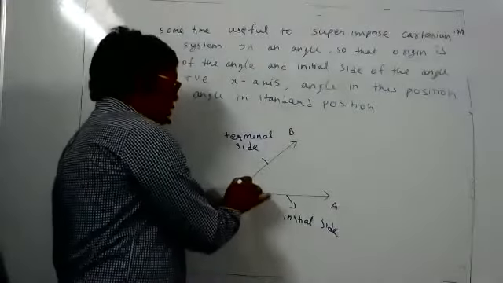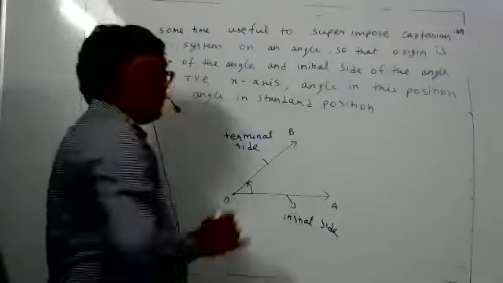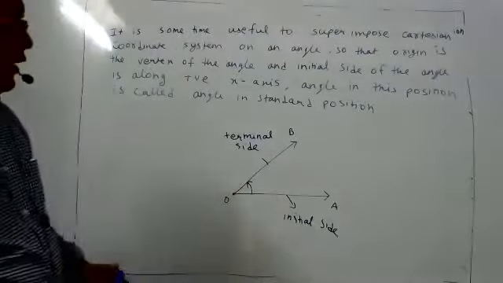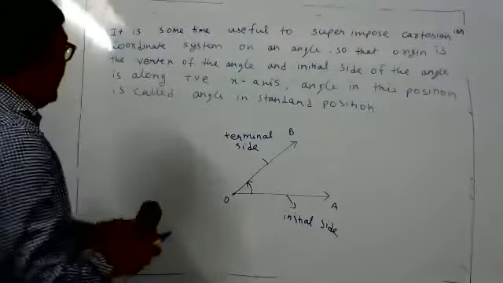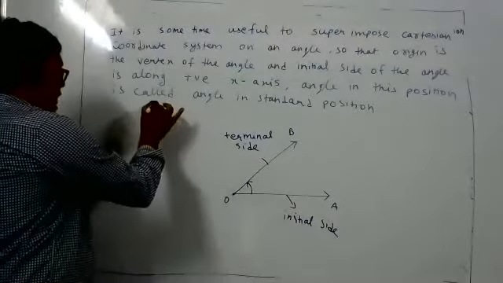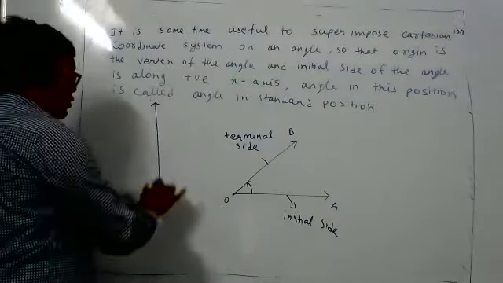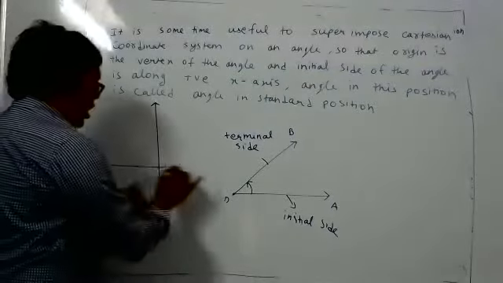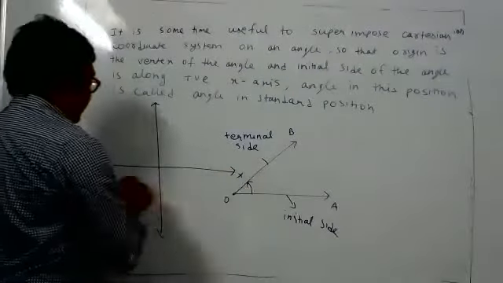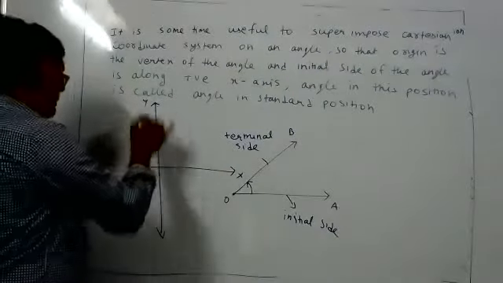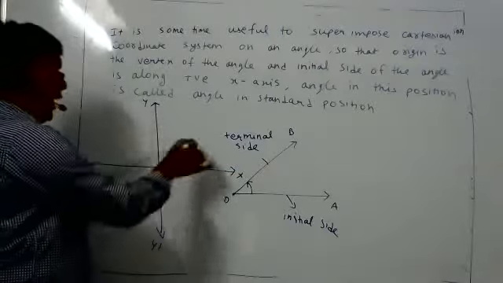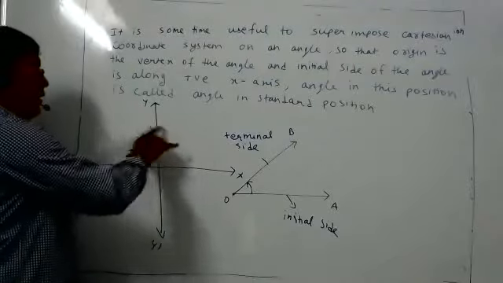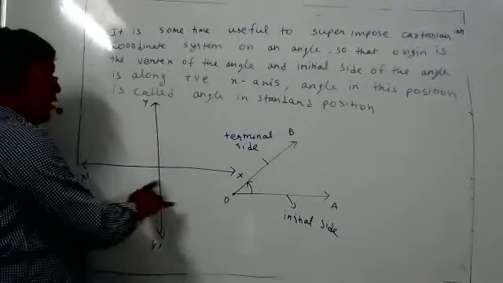We will superimpose a Cartesian coordinate system on the angle, with two mutually perpendicular lines called the x-axis and y-axis. They divide the plane into four parts: first quadrant, second quadrant, third quadrant, fourth quadrant.